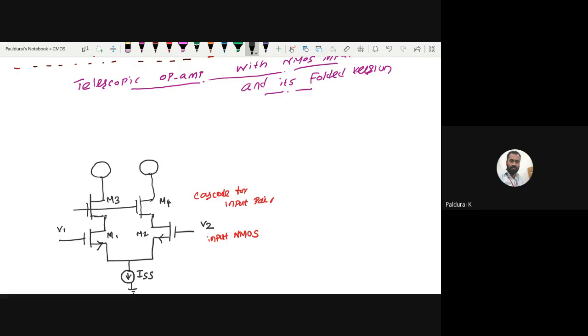Later we will replace this current source also by suitable transistors. This is my VDD. Simple version of the NMOS telescopic OPAMP. Let me call this my I1, and this my I2.